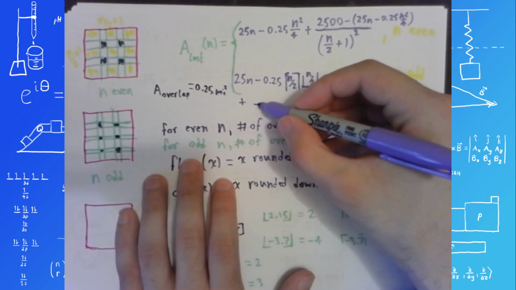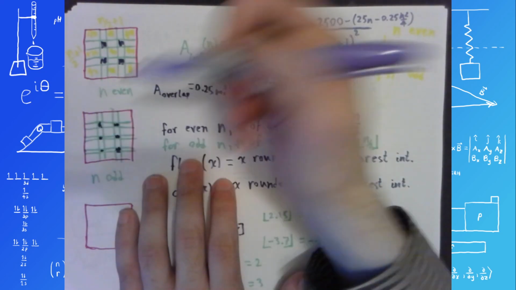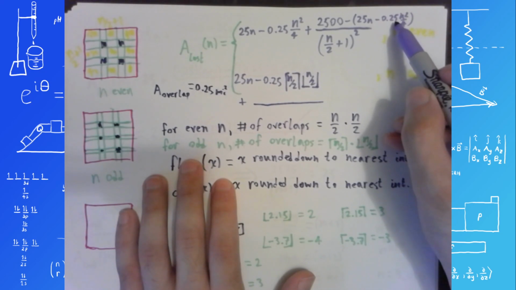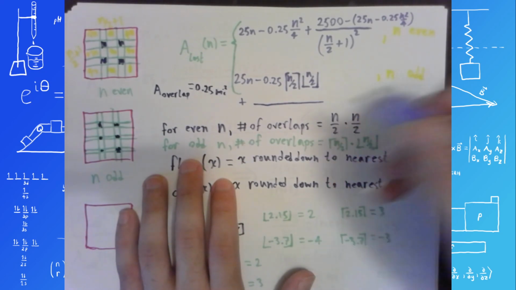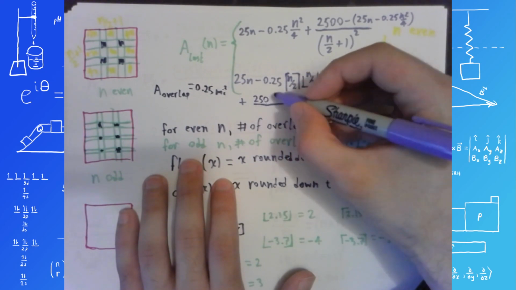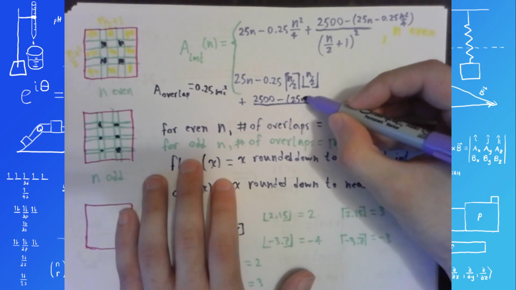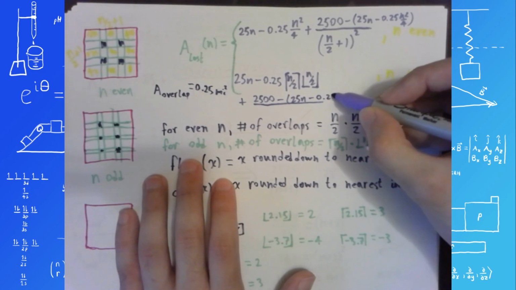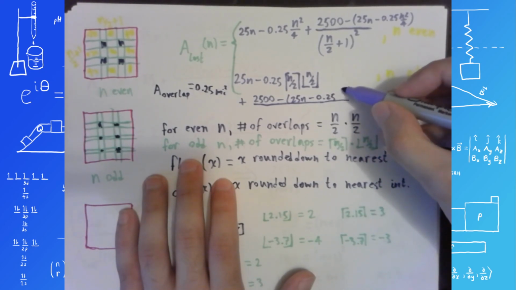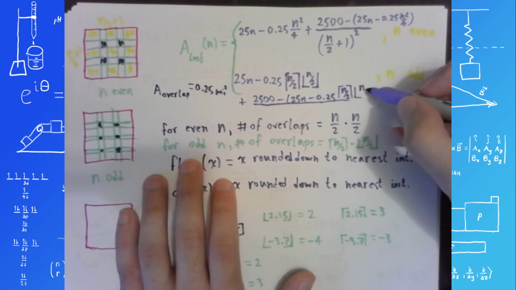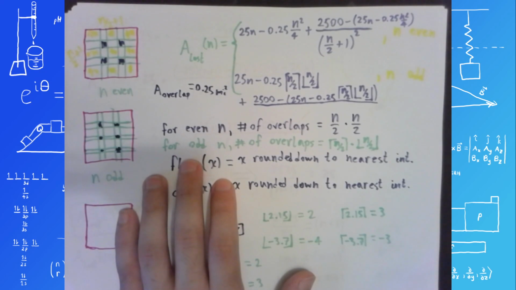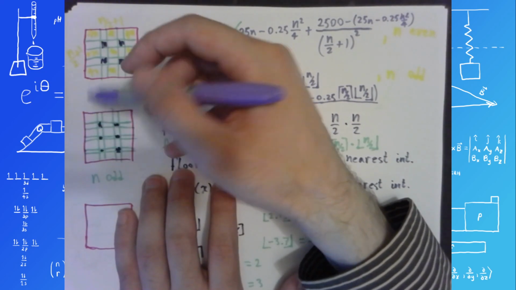Well, the area of one region over here is still going to be the total remaining area after you take the fire breaks into account, so it's still going to be 2500 minus, and then in parentheses, 25n minus 0.25 times ceiling of n over 2 times floor of n over 2, close parentheses, over, let's see, how many usable regions do I have?